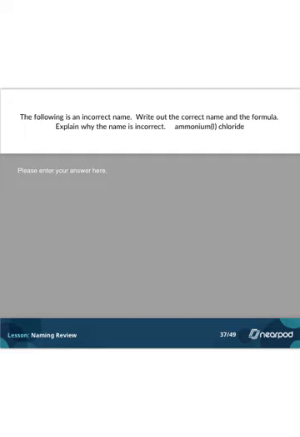All right, different type of question. The following is an incorrect name. Write out the correct name for the formula and explain why the name is incorrect. So looking at this, it says ammonium 1 chloride. Ammonium, which is NH4 plus, is always a plus 1.